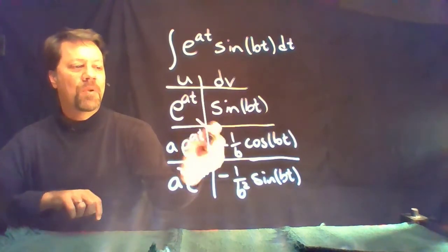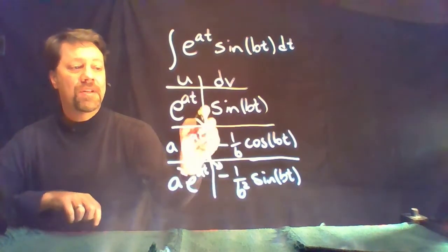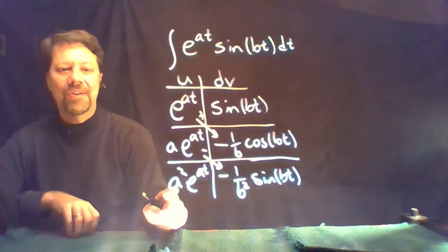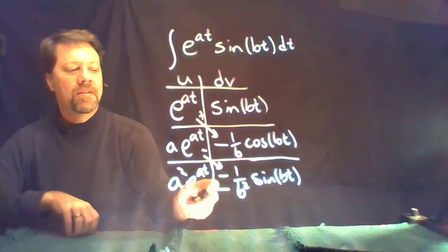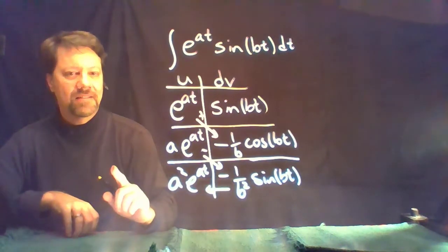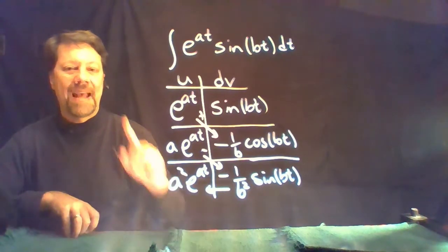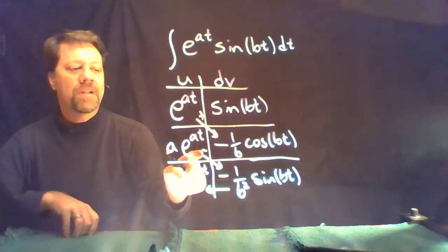We now multiply down diagonals and alternate signs, plus or minus, but because we did not get 0 in this spot, we have to subtract the integral of the product in the last column and affix the previous sign.